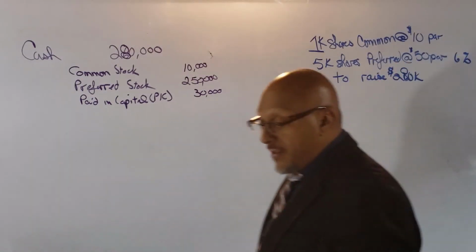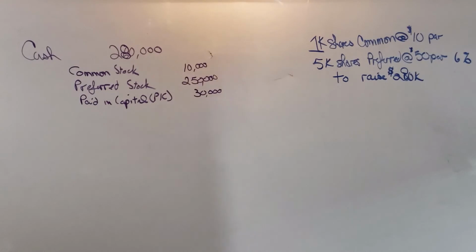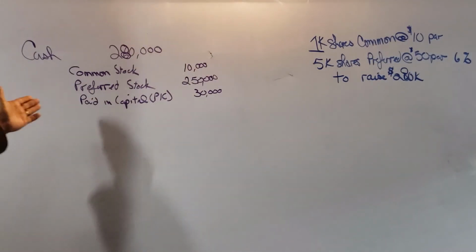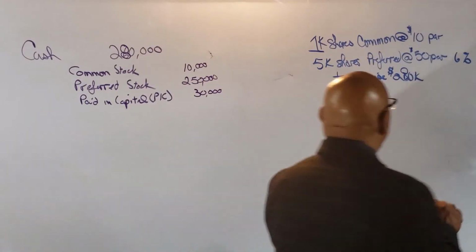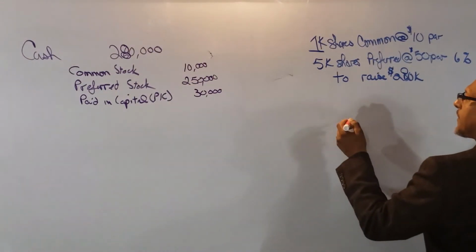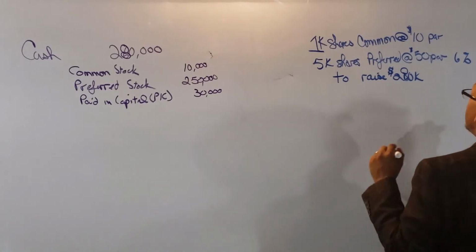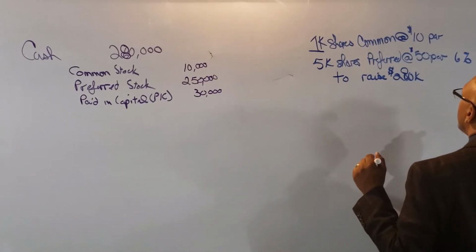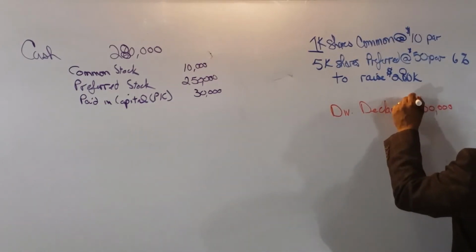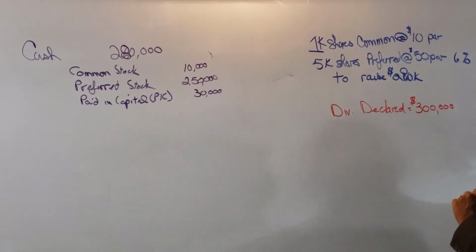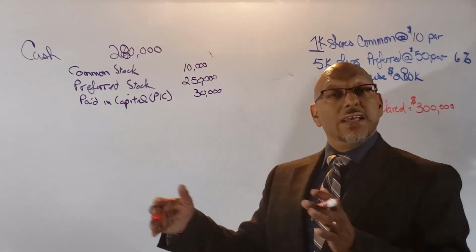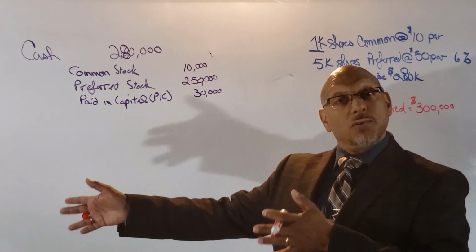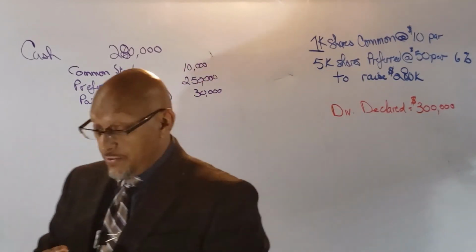Now, these stockholders are going to get some dividend. So we're going to declare a dividend for $300,000. That $300,000 has got to be divided between the preferred stockholders, who get their dividend first, and anything left over is going to be divided by the number of common shares we have.